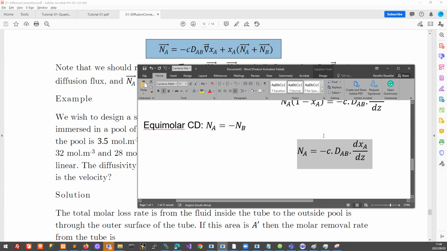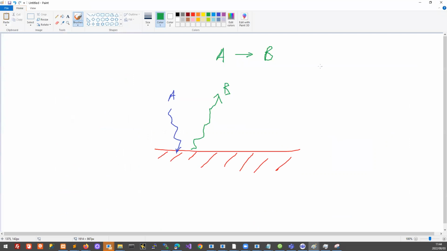Okay. Now, to solve these equations, there is something a little bit strange we have to consider. Right, so in the earlier case, we had a kind of pipeline here. So A was diffusing through this pipeline. Now, a steady state can exist here. Right, remember in this case, we said component B was flatlined, so there was no gradient in B, and A had a high concentration here and a low concentration.